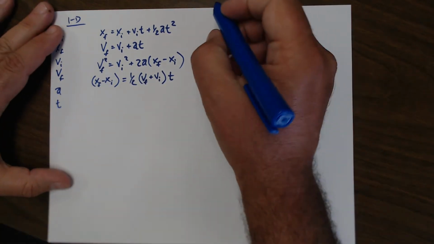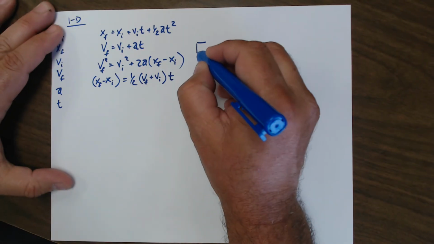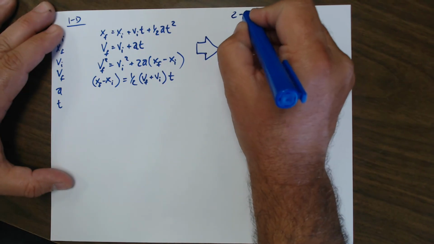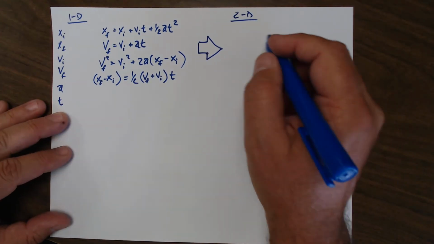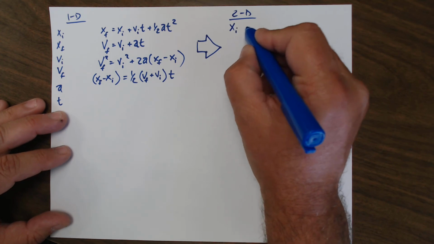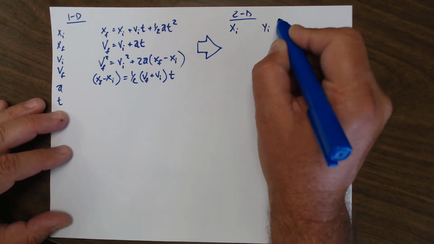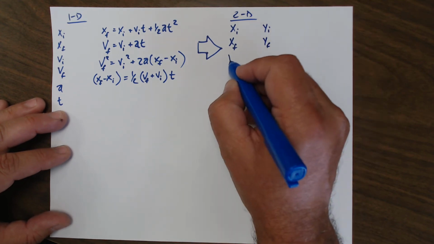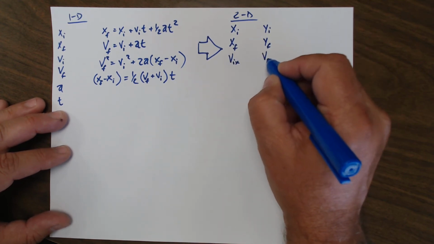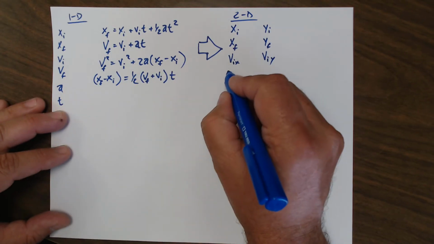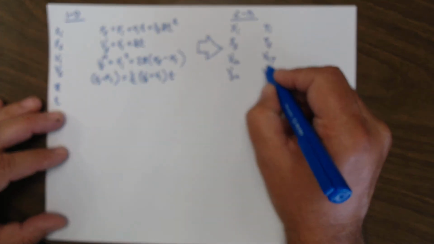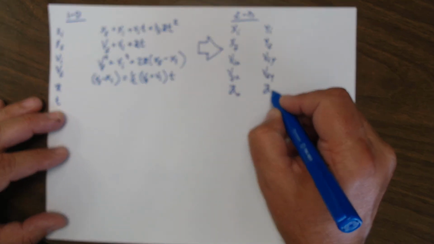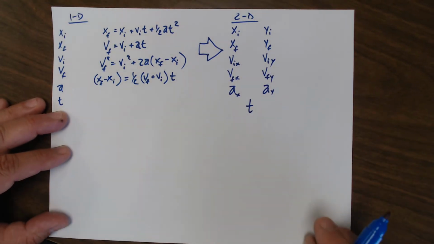All right. So what are we going to do when we move into two-dimensional motion? Well, we're definitely going to have twice as many variables. We're going to have a starting position in x and y, a final position in the x coordinate and the y coordinate, a starting velocity in the x direction and in the y direction, a finishing velocity in the x direction and in the y direction, and an acceleration in the x direction and in the y direction, but we're only going to have one time.